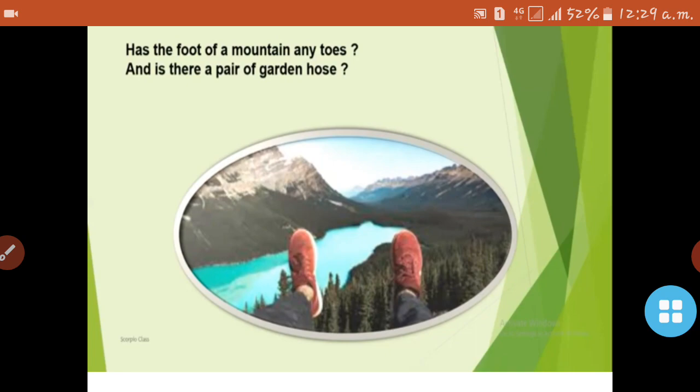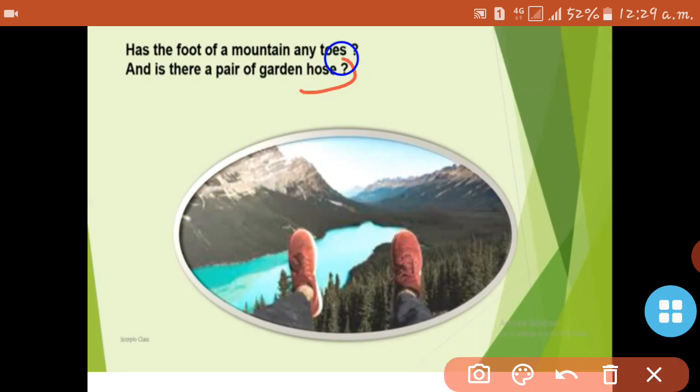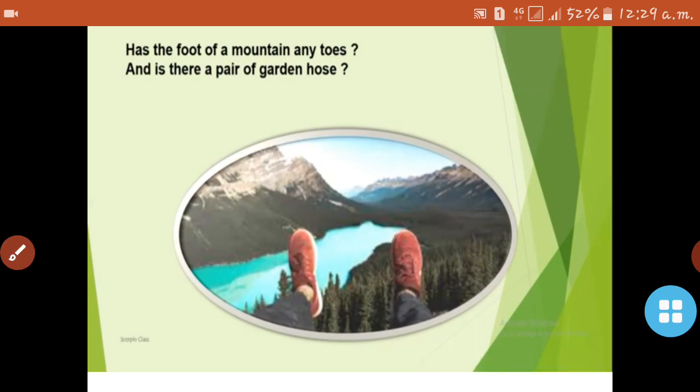In the second line, and there is a pair of garden hose. Now what is the meaning of hose? The word hose is given here. The hose pipe, which we can see the firefighters using to rescue the people from the fire, we can say.